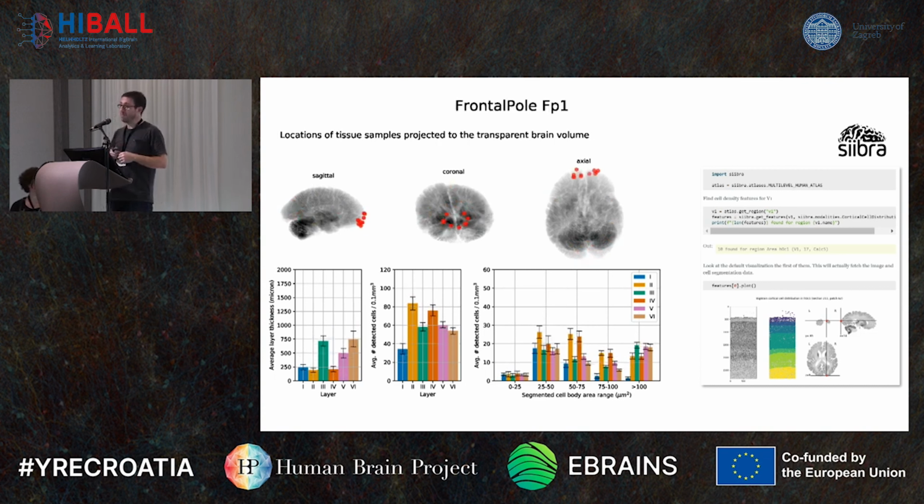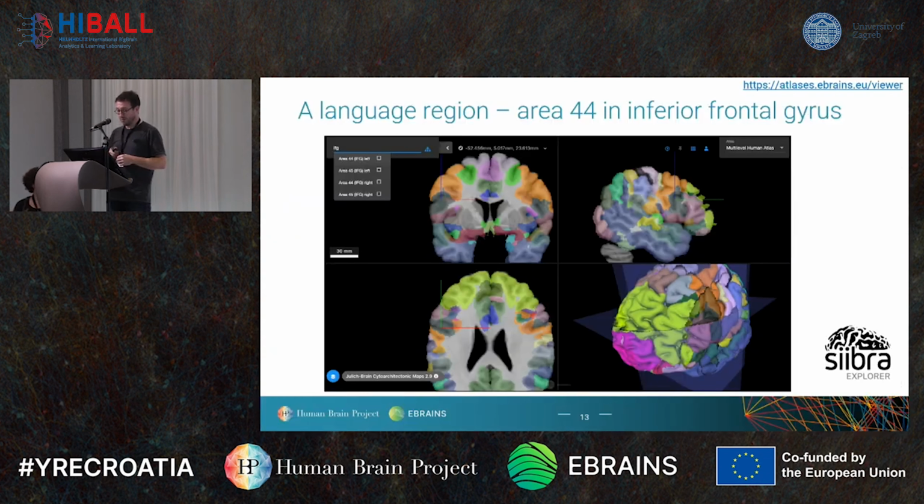And this is something that's coming here from the HIBALL project that we contribute from there to the atlas we are building in EBRAINS. Now let's have a closer look at what this looks like.